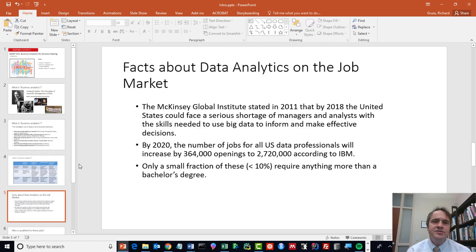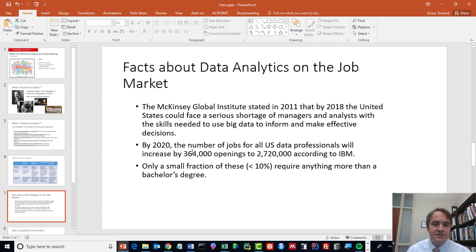Okay, and so just in general, one of the reasons why we're really trying to beef up the analytics offerings here at the business school is because the job market is really great for it right now. These skills are highly in demand. The McKinsey Global Institute said that there's going to be a major shortage of people with the analytical skills of the sort that we teach here.